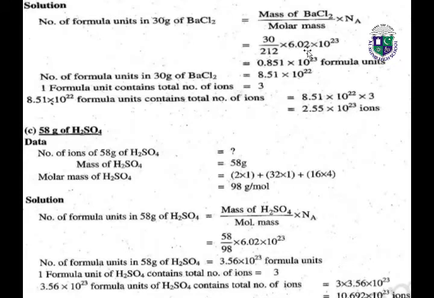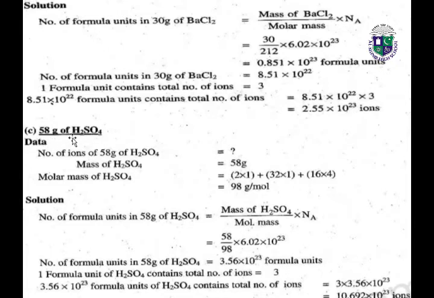The value of Na is the same, 6.02 × 10^23. By putting the values of mass and molar mass and calculating, we get the formula units: 8.51 × 10^22. We can further calculate it like that.